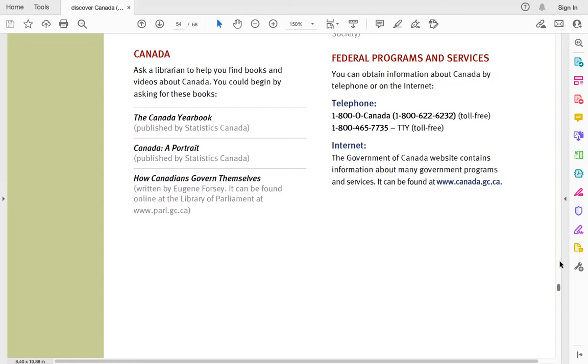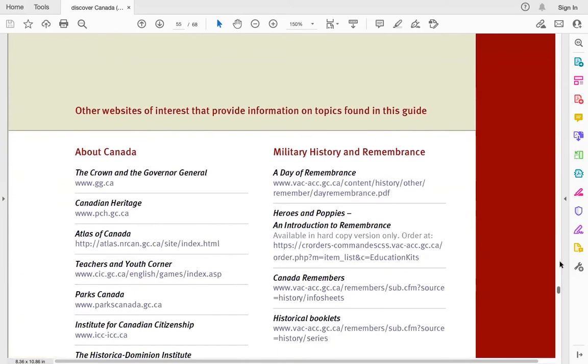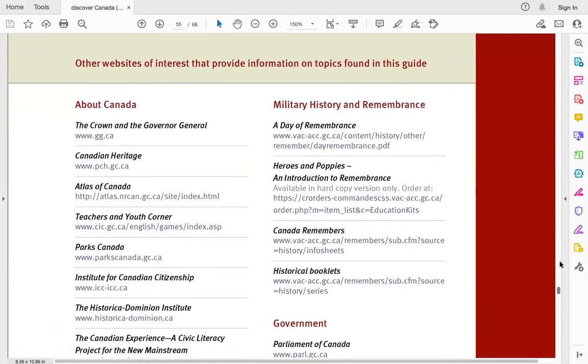Internet. The Government of Canada website contains information about many government programs and services. It can be found at www.canada.gc.ca. The following are other websites of interest that provide information on topics found in this guide.